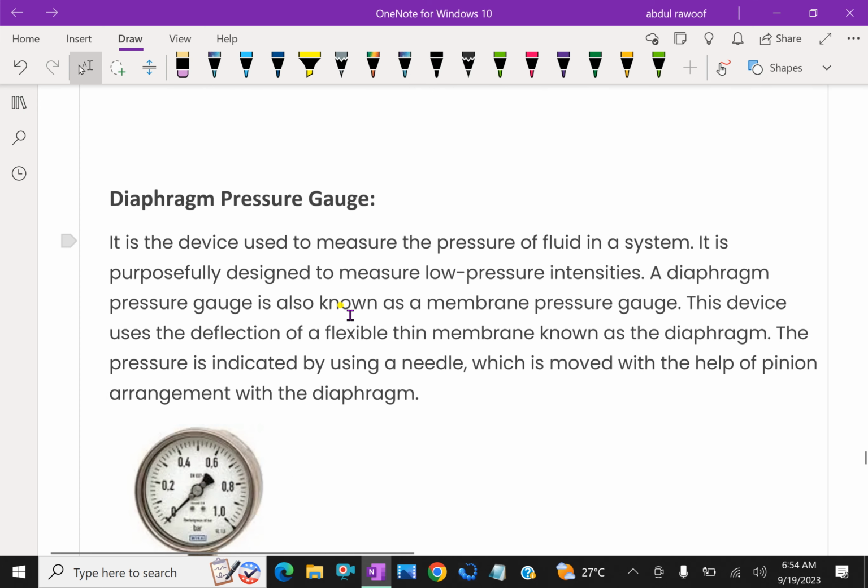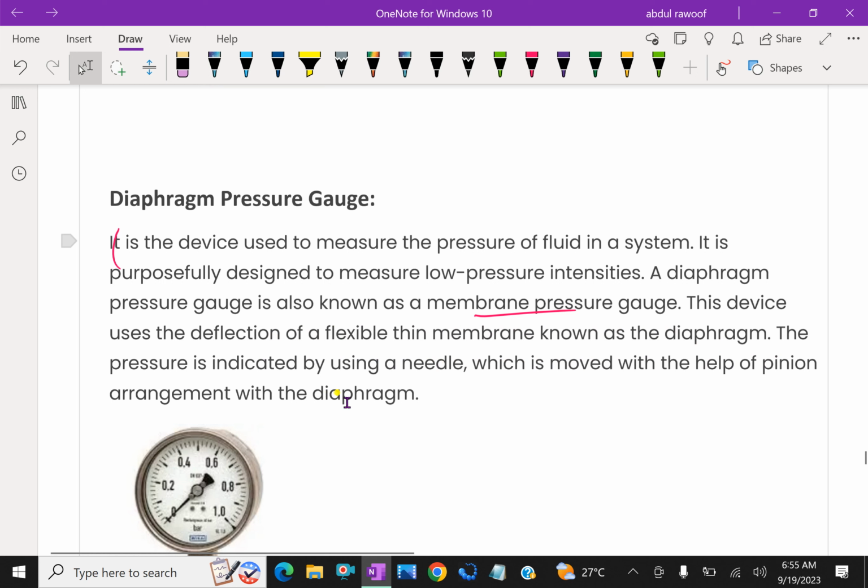Diaphragm pressure gauge. It is a device used to measure the pressure of fluid in a system. It is purposefully designed to measure low pressure intensities. A diaphragm pressure gauge is also known as a membrane pressure gauge. This device uses the deflection of a flexible thin membrane known as the diaphragm.